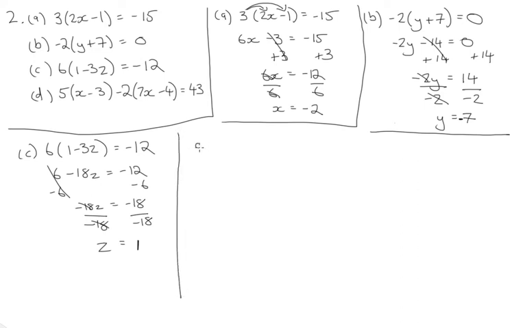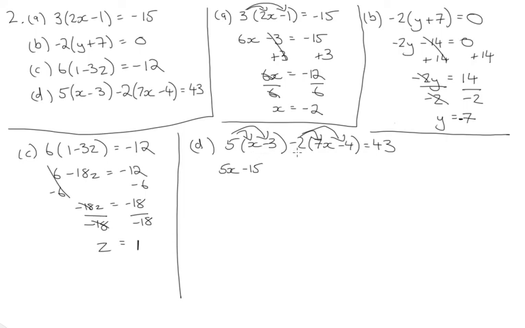Now d. This one is going to be a longer one. 5 multiplied by x minus 3, minus 2 multiplied by 7x minus 4, equals 43. So we'll multiply this out first. 5 by x is 5x. 5 by minus 3 is minus 15.